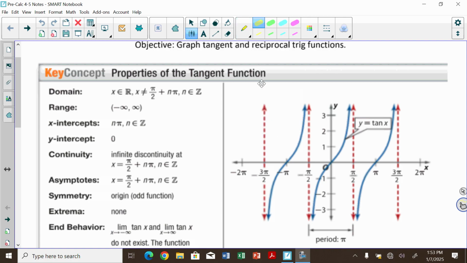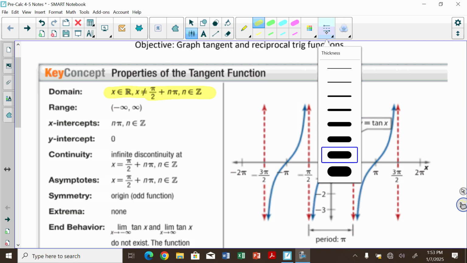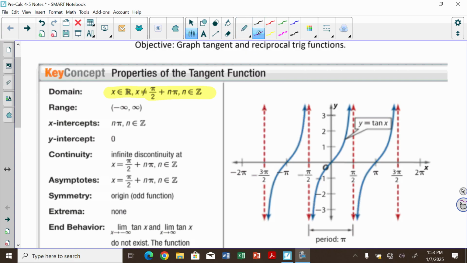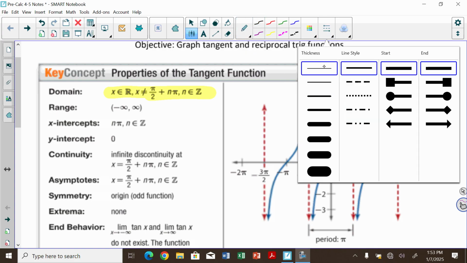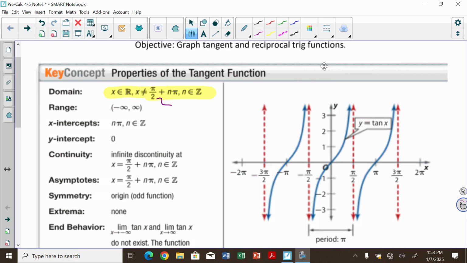Your domain here for x is all reals, but it can't be pi over 2 plus n times pi. Basically, that means odd multiples of pi over 2 is where we can't have it, so we'll have an asymptote there.